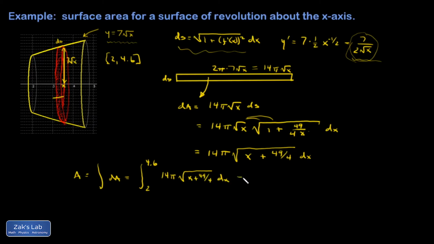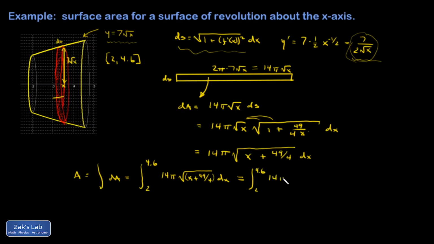Now nothing special has to be done to perform this integral. I have a function of x in here, but the derivative of it is 1, so the chain rule backwards is not necessary. So this is just this expression to the 1/2 power. It might be good to look at it that way.